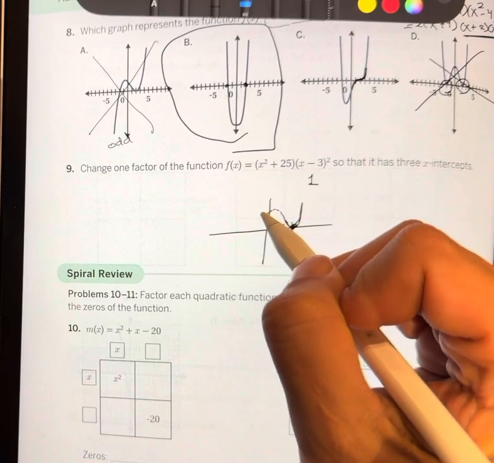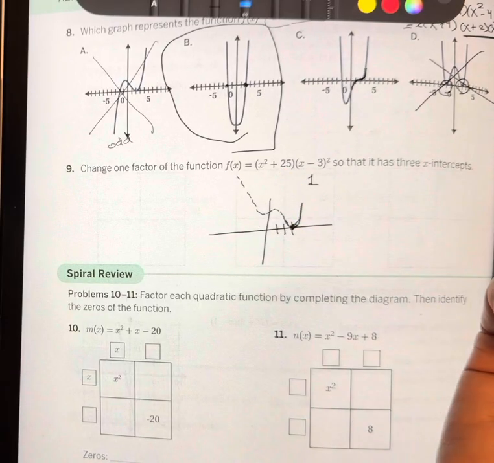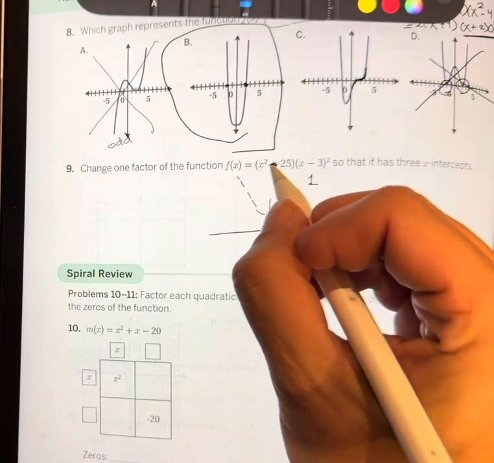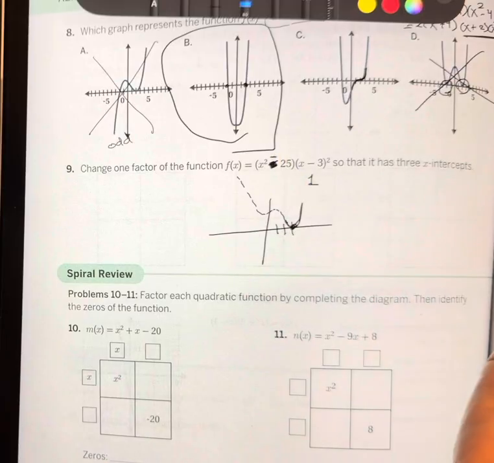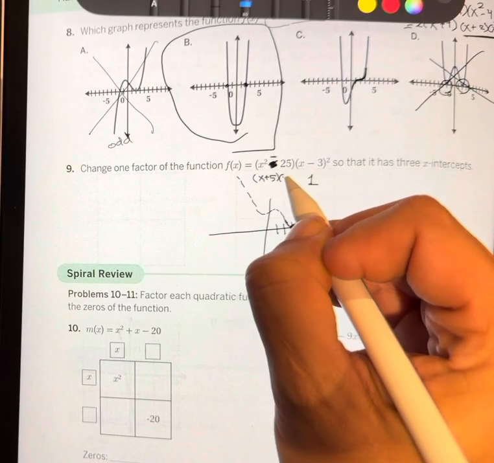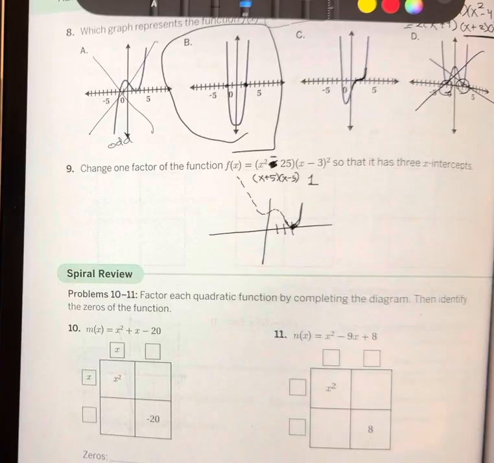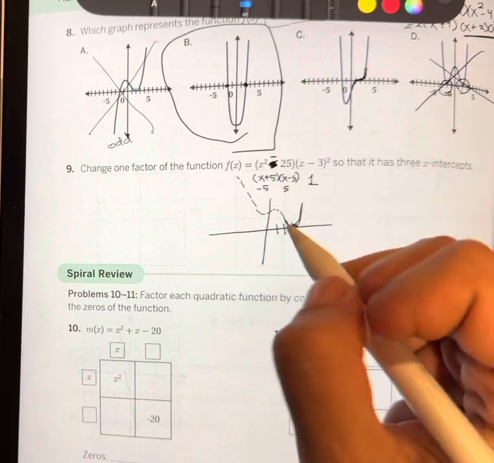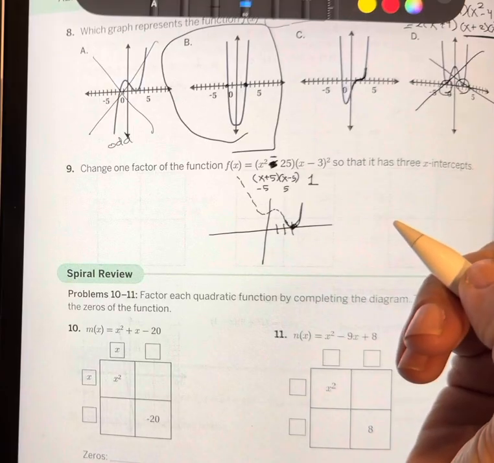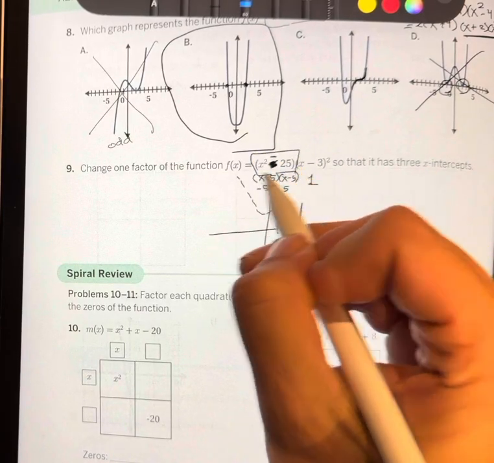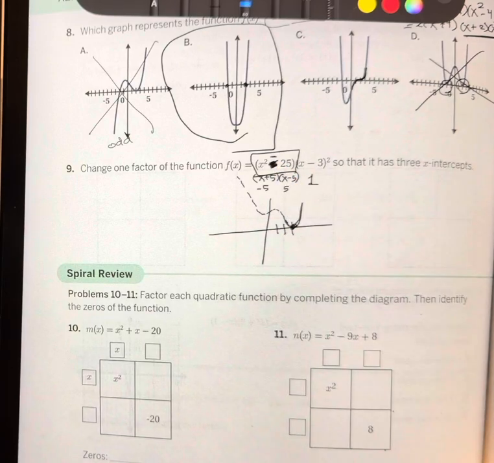It probably does a little dip and it just keeps going up like that. If I were to change that plus to a minus, then suddenly I have x plus 5, x minus 5, which is 2 more x-intercepts, one at -5 and one at 5. So yeah, I would change this factor like that.